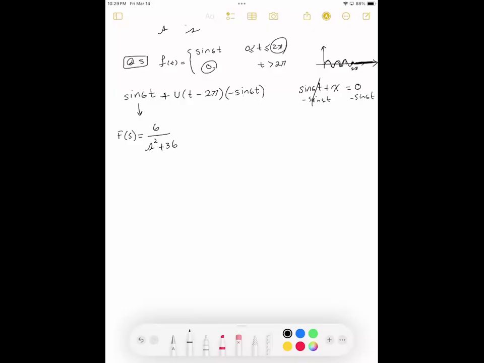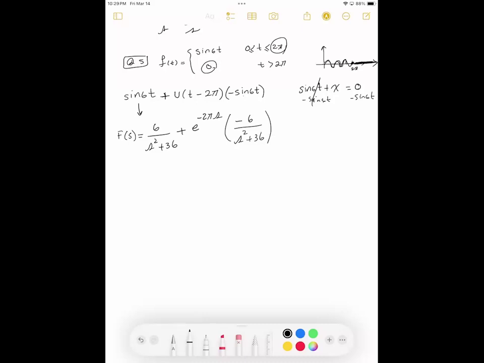And we have a plus sign, u(t minus 2 pi), that gives us e to the power negative 2 pi s, times negative 6 over s squared plus 36.